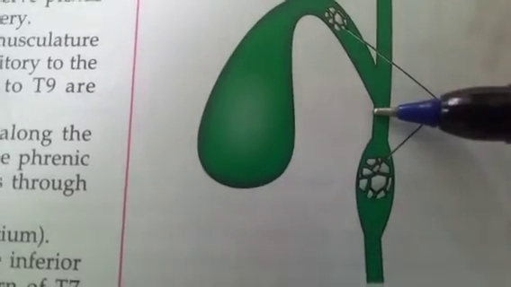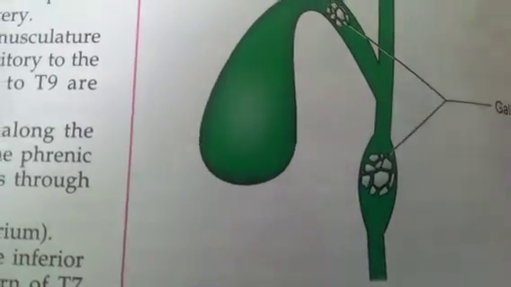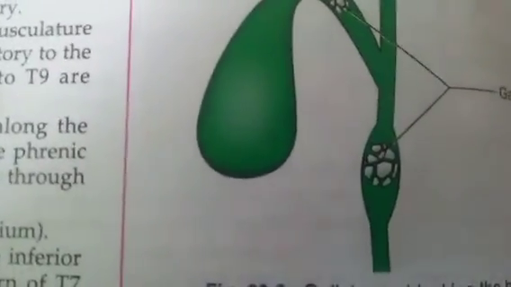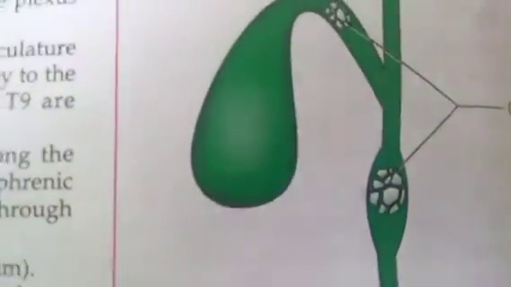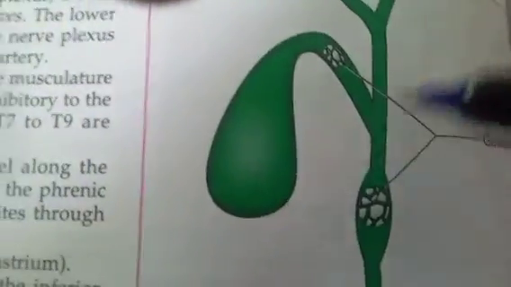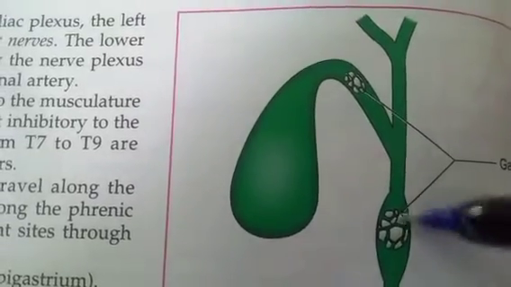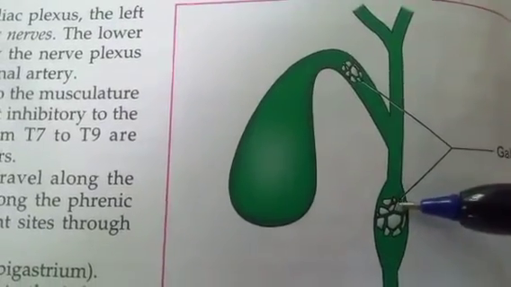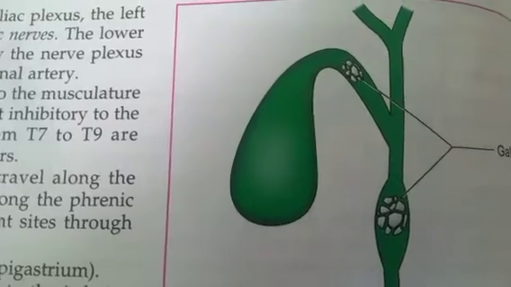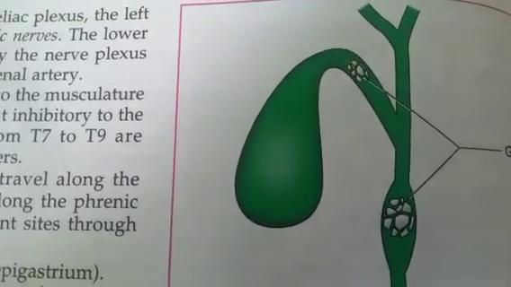The obstruction may be intrahepatic or extrahepatic. The important cause is the gallstone, which may slip down into the bile duct, and the second one is the cancer of the head of pancreas, which may compress the bile duct.